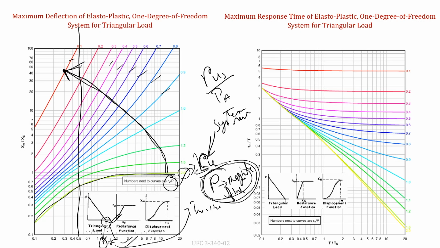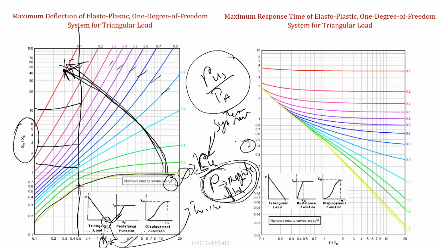Then we will read from that particular curve in order to calculate my maximum response, because depending upon this ratio, the system might be in the elastic phase or in the plastic phase. So, this is how we will deal with the elastoplastic phases also.